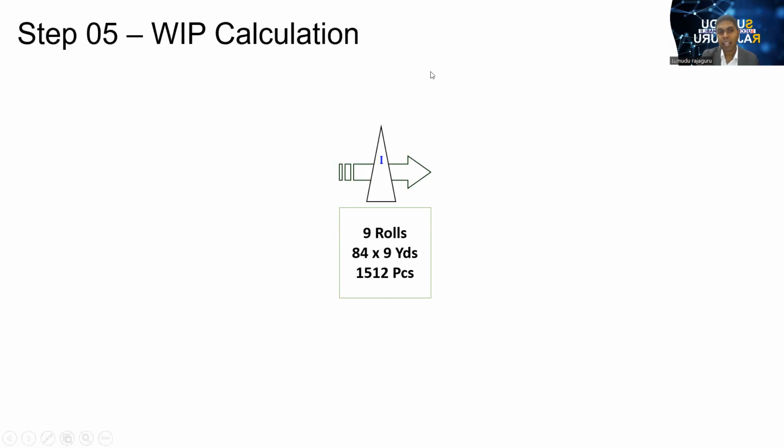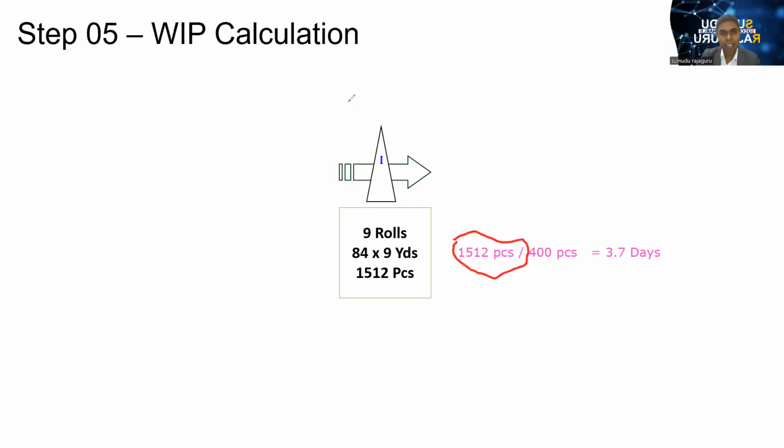Now after we calculate the pieces, here it is 1,512 pieces. Our per day demand is 400. So when we divide this by 400 pieces, it is 3.7 days of WIP here.